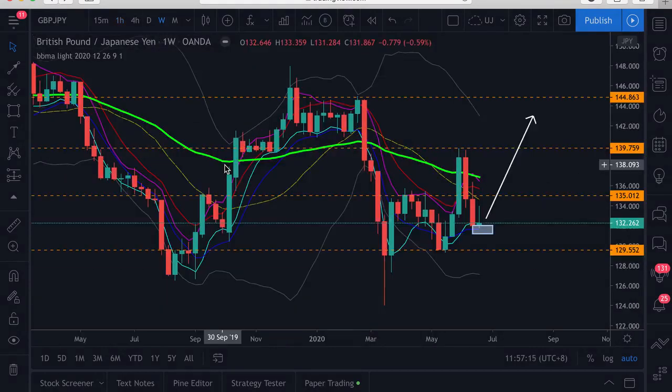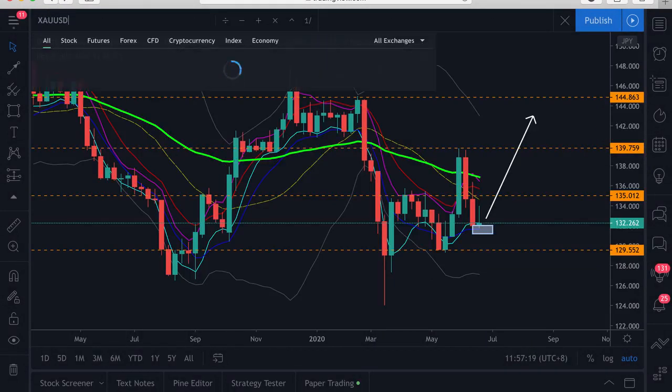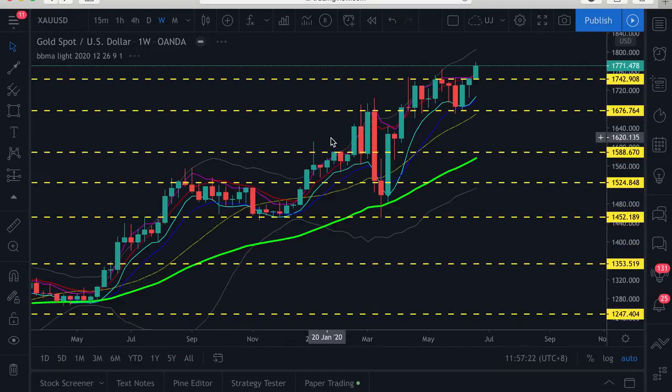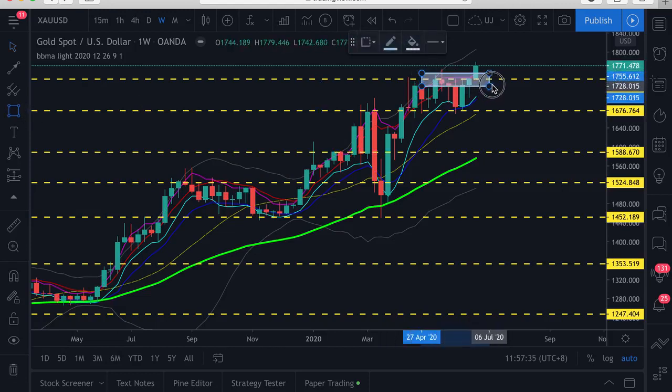Next pair is as usual our gold, XAU/USD. For gold we can see we've been trying to sell gold for many weeks as the price was ranging at this area, but every week we haven't been able to make profit from gold. Okay, so this week is the same thing.